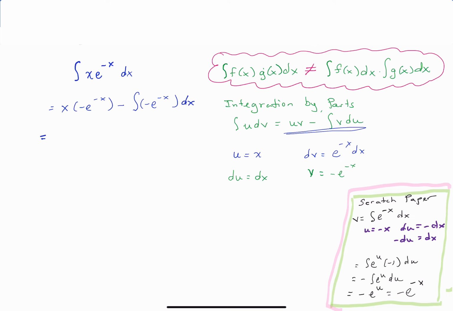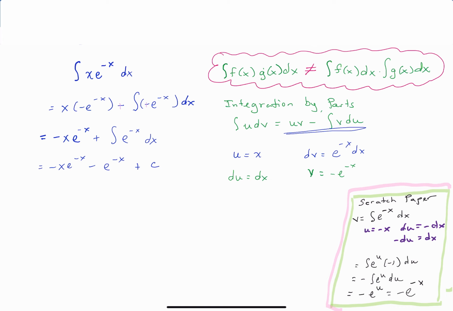Cleaning up this first term a bit, I'm going to bring that minus sign out front and get minus x e to the minus x, and then for our second term, those two minuses cancel, so I'll have plus the integral of e to the minus x dx. But you know what? We just did that over on our scratch paper. And we got minus e to the minus x. And this time I will put a plus c because we're not putting in limits of integration. We're just finding the general antiderivative.